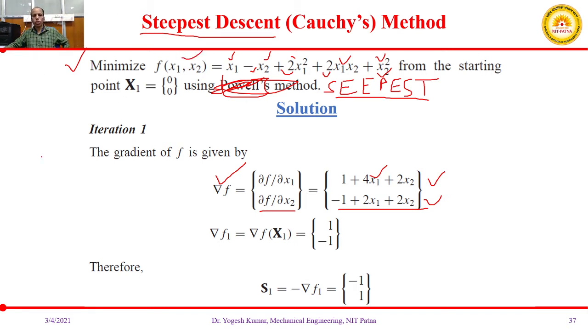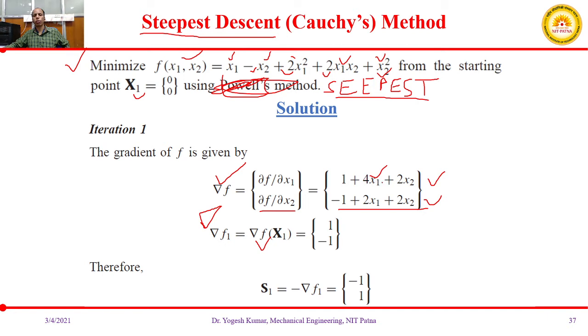Then you will calculate the value of the gradient at your starting point, that is gradient of f at x1. Put the values of x1 in this gradient expression.